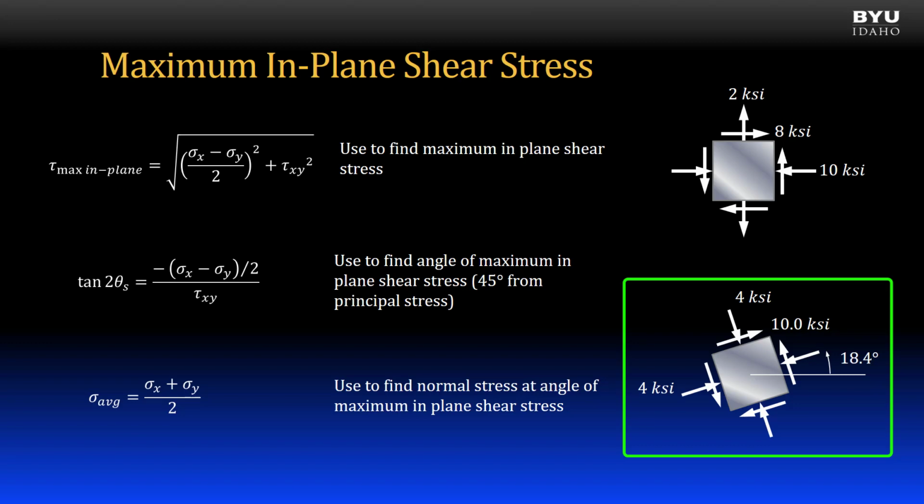These normal stresses are calculated with the average normal stress equation shown. The angle positive 18.4 degrees is theta s. Note that theta s and theta p are always 45 degrees apart. In other words, the principal stress state and the max in-plane shear stress state are always 45 degrees apart.